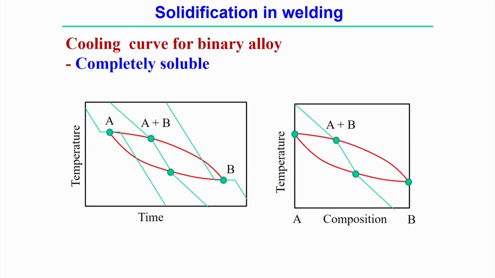Now, more intuitively, let us look into the cooling curve of a binary alloy. We assume it is a binary alloy where the two components are completely soluble in each other.